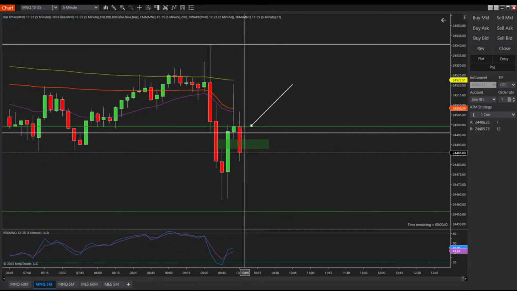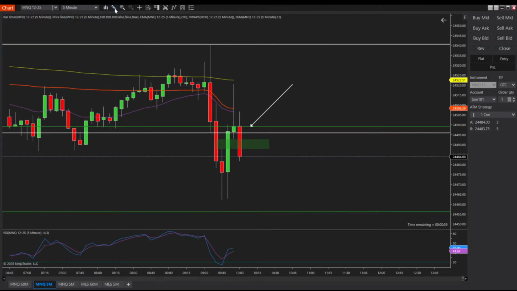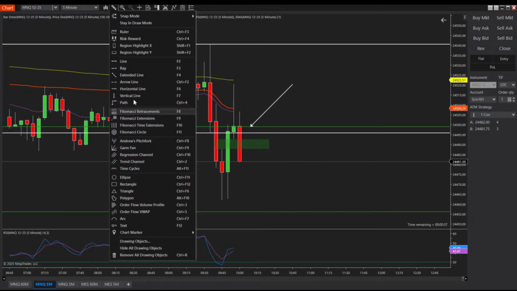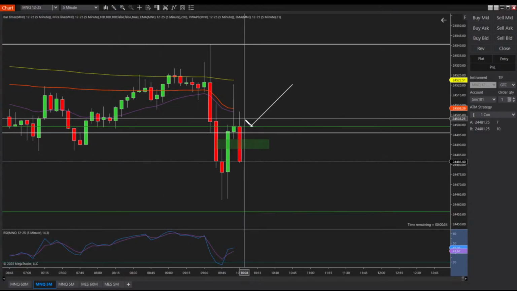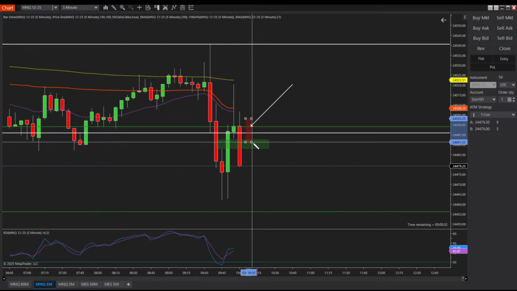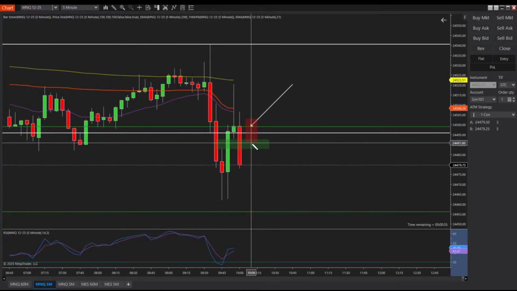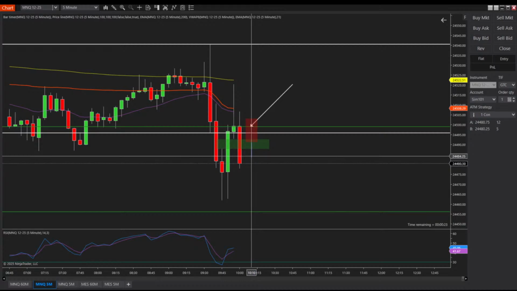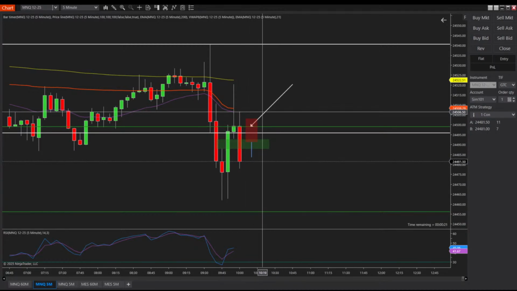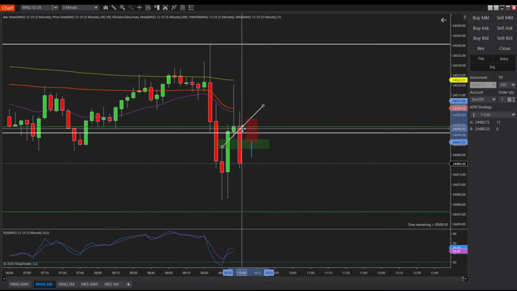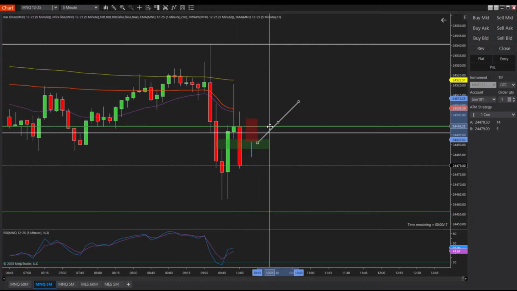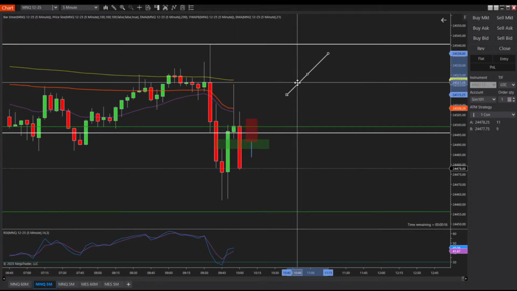So what happens is, if the candle comes down like this and then leaves a wick below it, then it's respecting the fair value gap, and I would be expecting that to go up higher.